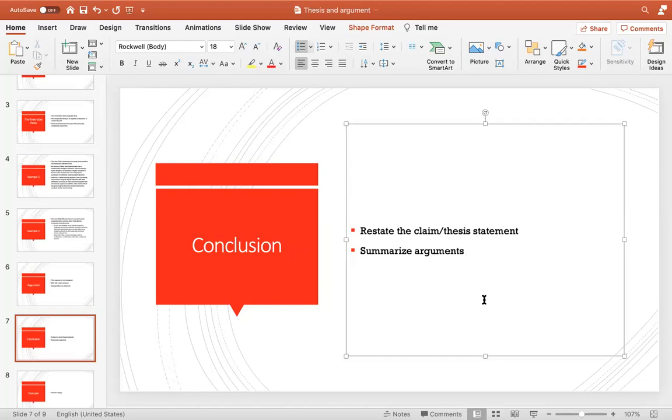So if you wrote 3 paragraphs for 3 arguments, then in the conclusion, you can just write 3 sentences in total to sum up all those arguments. So in the conclusion part, you might have 4 sentences in total. The first sentence to restate the thesis statement, and the 3 sentences to summarize your arguments.